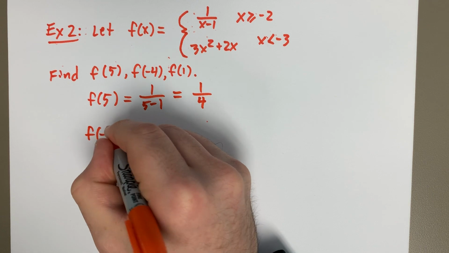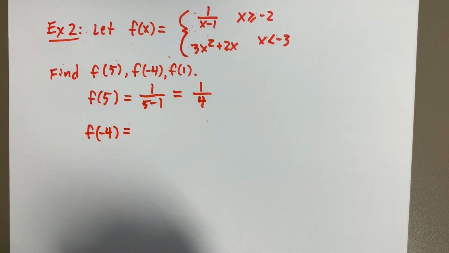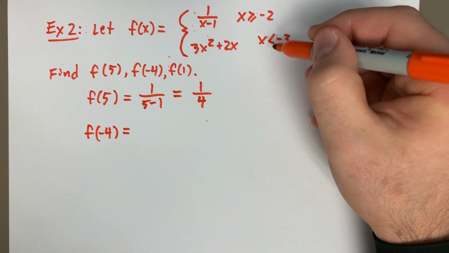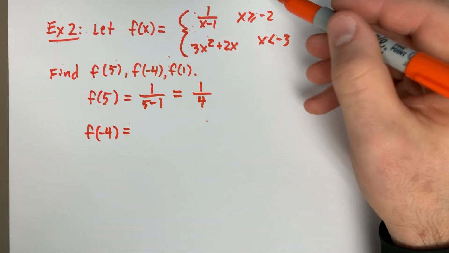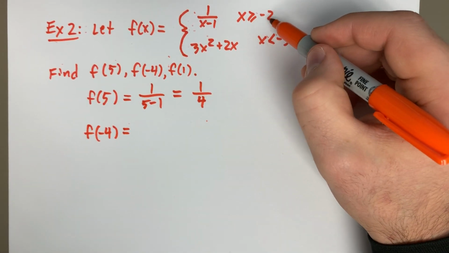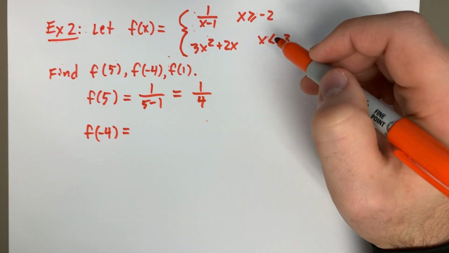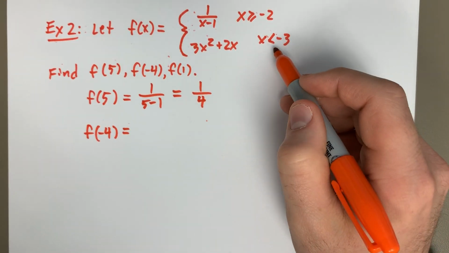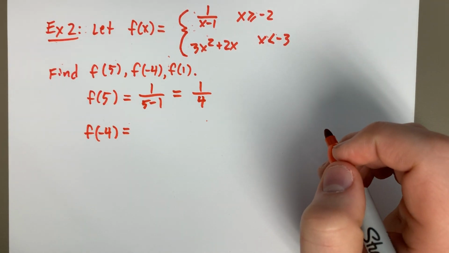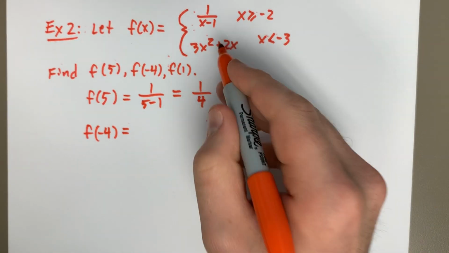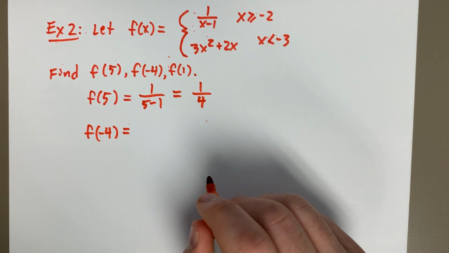Let's try f of minus 4. Our input is minus 4. Which condition does that meet? Is that greater than or equal to minus 2, or is it less than minus 3? In this case, minus 4 is less than minus 3. It's more negative. So we're going to use the second piece here.